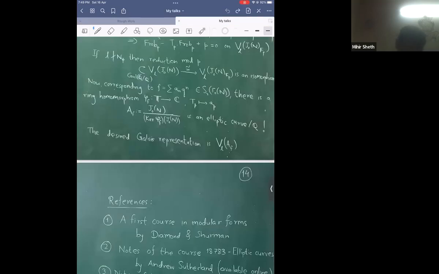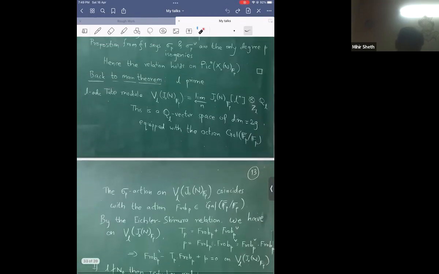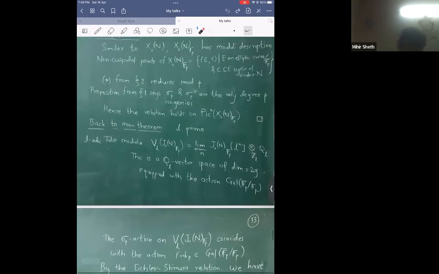Once you have the elliptic curve, the desired Galois representation is V_l of EF, the inverse limit of all l-torsion points of EF, which has the action of the absolute Galois group of Q. That's the Galois representation attached to modular forms.